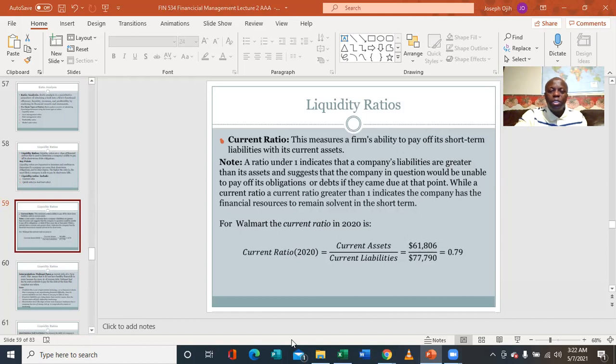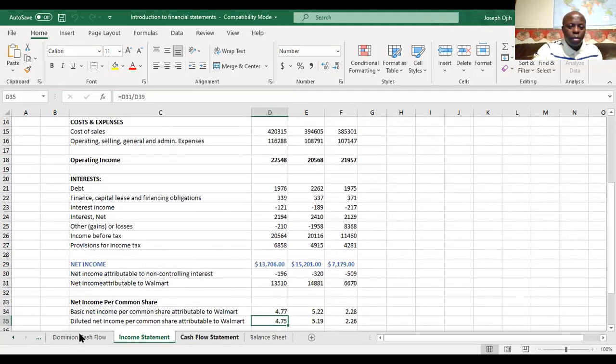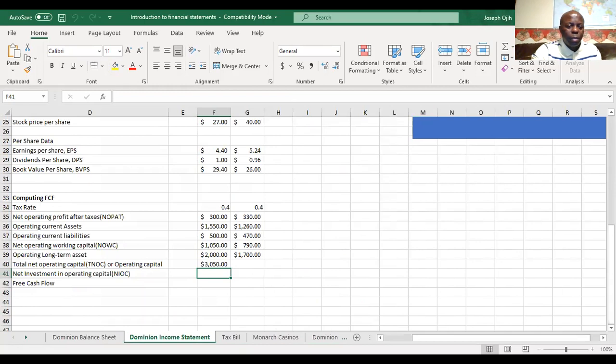So we have the financial statements of Walmart right here. This is the income statement, but the balance sheet is what I'm looking for.